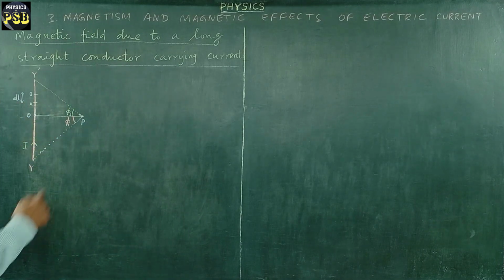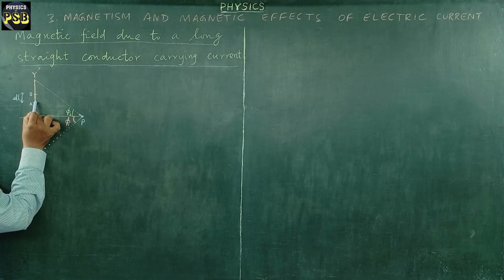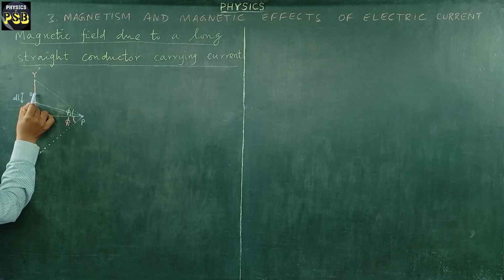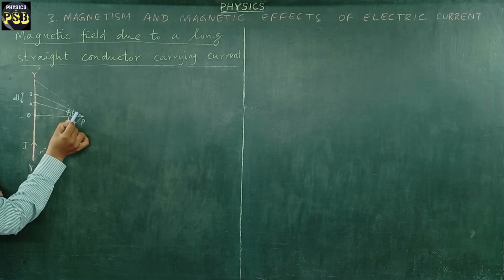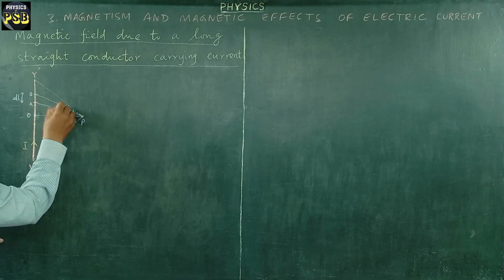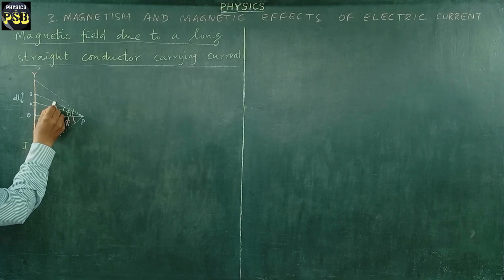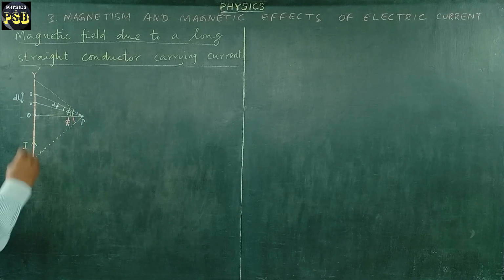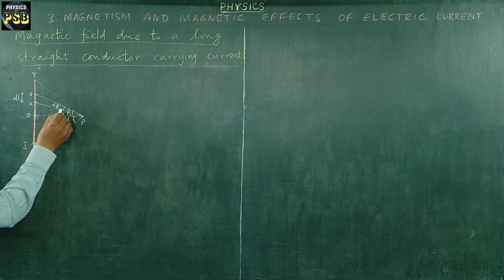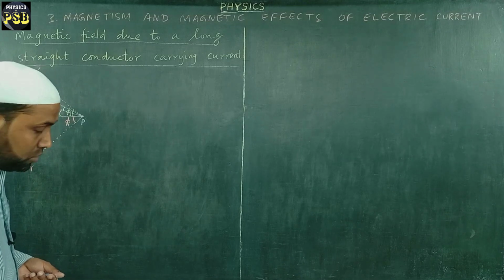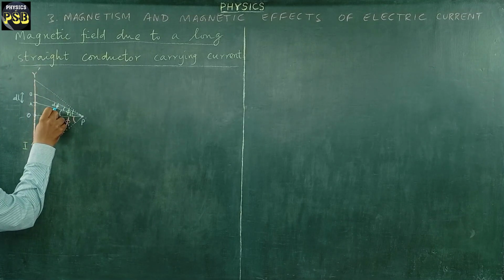Now point A is connected to P, and B is also connected to P. The angle between APB is taken as d phi. Similarly, the angle between OPA is taken as phi.